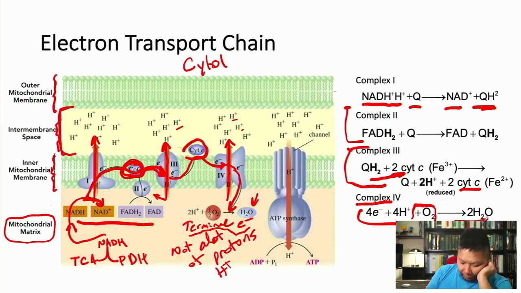All the while, protons are being pushed up through those different complexes into the intermembrane space from the mitochondrial matrix.